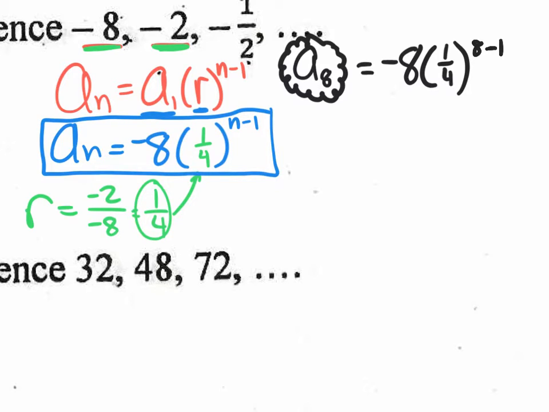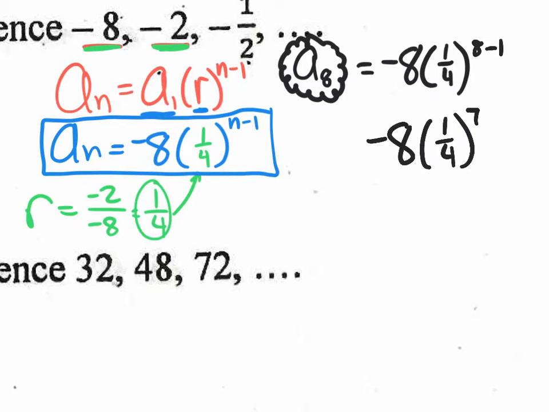So the math that I have to do with the calculator is negative 8 times 1/4 to the what power? 7. To the 7th power. And the calculator does the rest for you. Now, of course, you could do this by hand, but why mess with it by hand? Let's use a calculator.